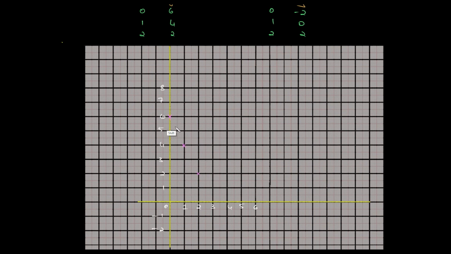So then the next step is to draw the line. Right. Then we are looking at 0, -2. 1, 0, and 2, 2 already marked.